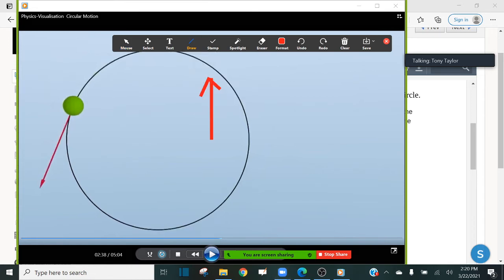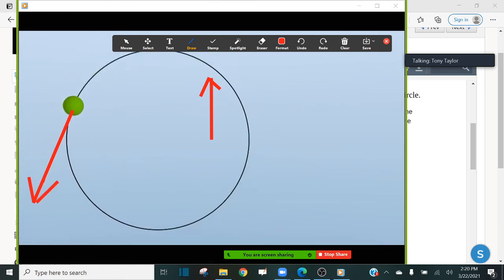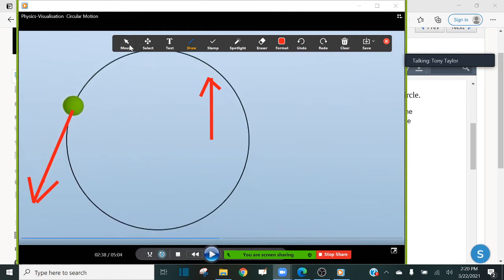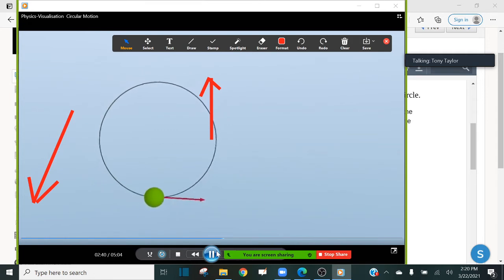In this case, the object is going to follow that line there, and it's going to spin off in that direction. In fact, it's going to eventually leave the solar system, right? Because in the absence of gravity, in the absence of a force, it is going to keep going along a straight line.